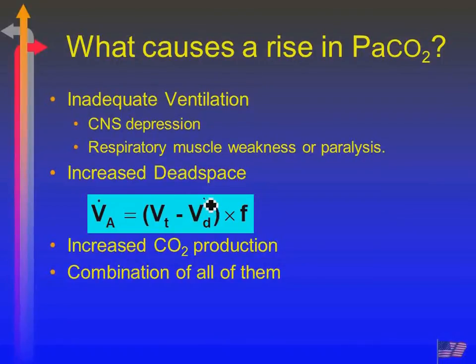Recognize that dead space is a component of this formula, so that if we have something that increases dead space, we're going to have a reduction in alveolar minute ventilation in the process. Increase dead space, decrease alveolar minute ventilation.